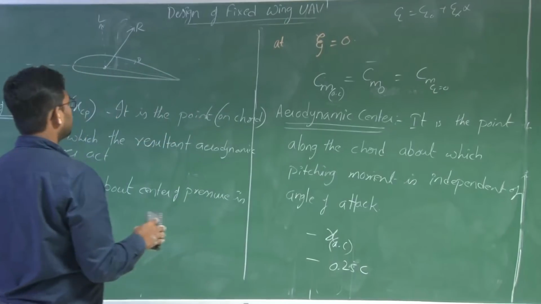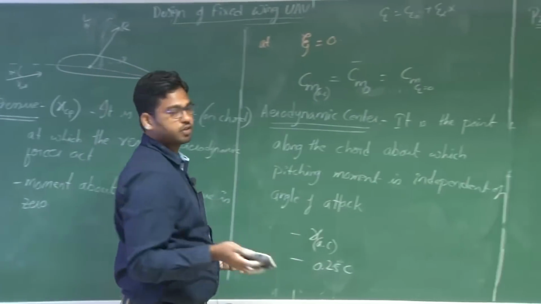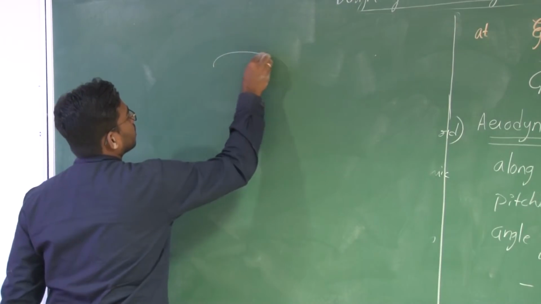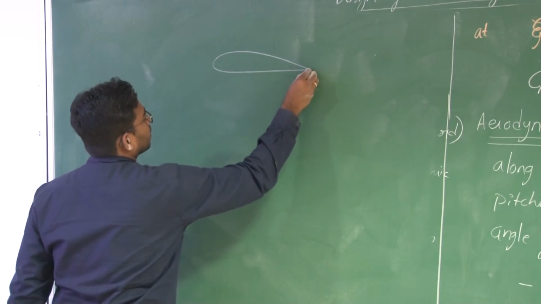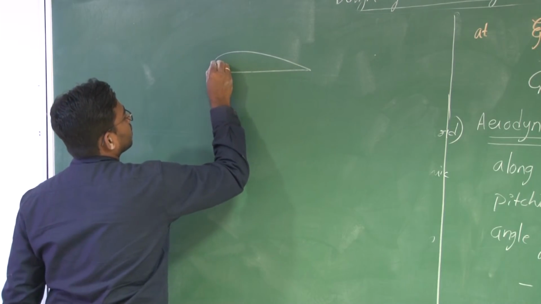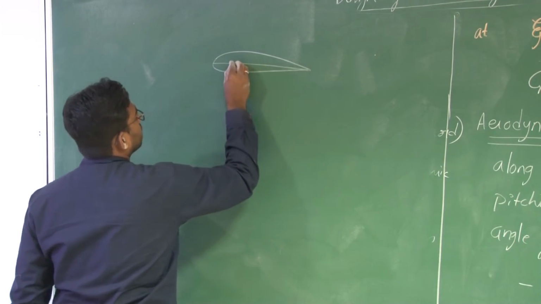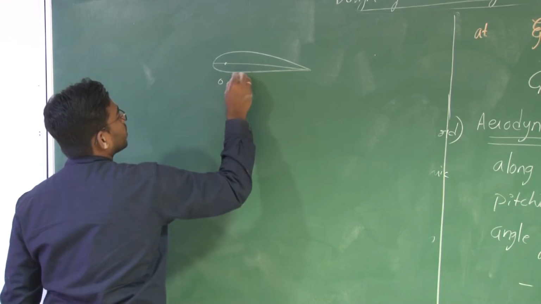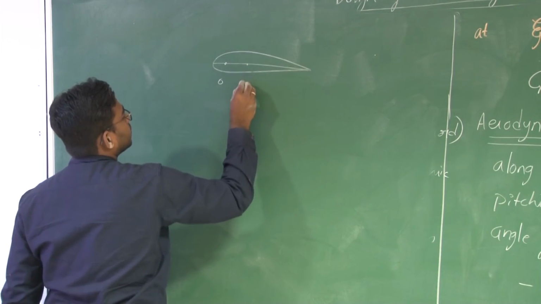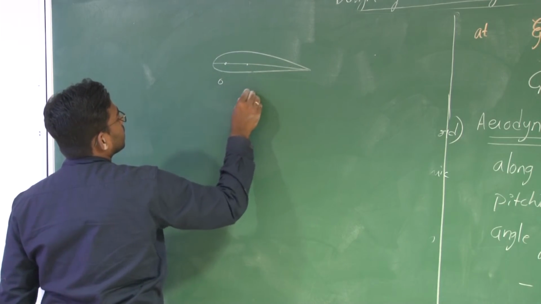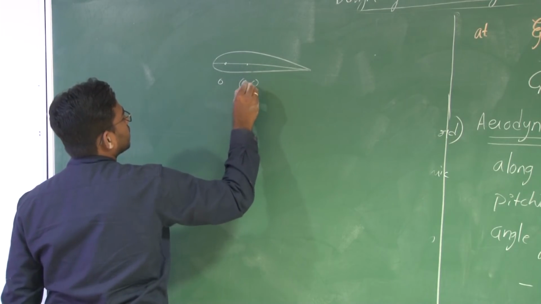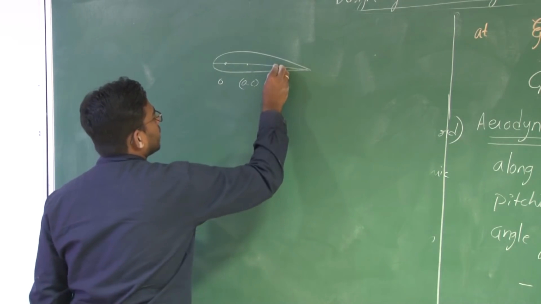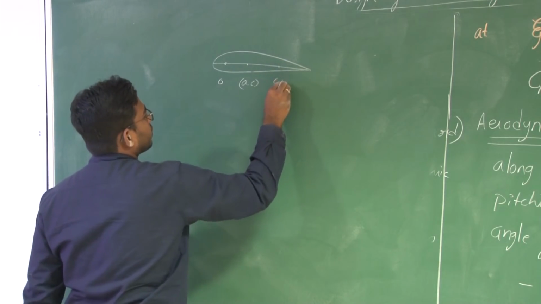So how should I relate this aerodynamic center and center of pressure? Let us consider a point O on the chord line. Let this be the aerodynamic center, and there is a center of pressure.